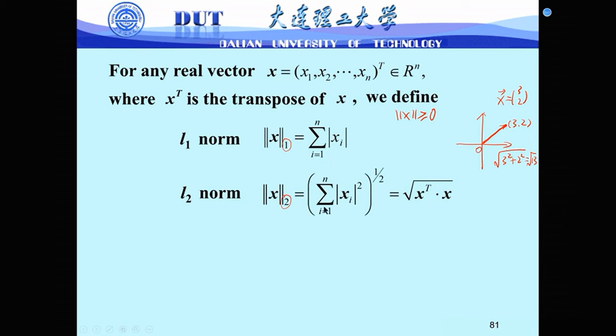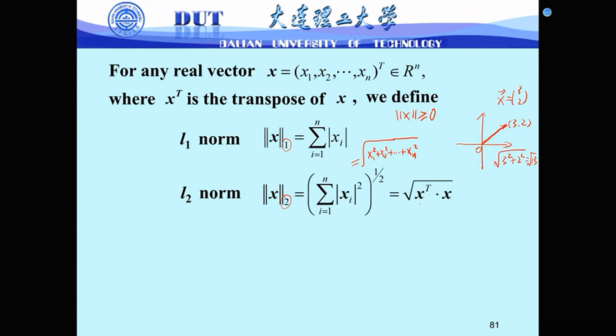So it is square root here, or you can just write square root of x1 square plus x2 square plus up to xn square, right? This is a square root. And also we can use x transpose inner product with x. It's okay?